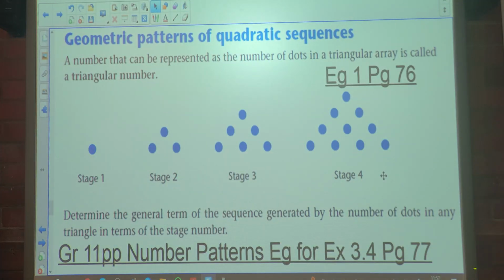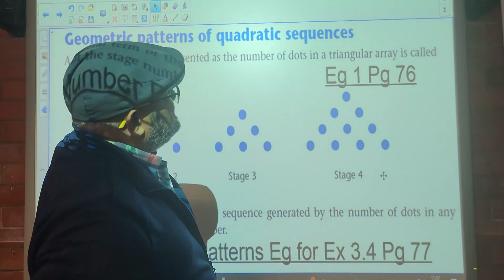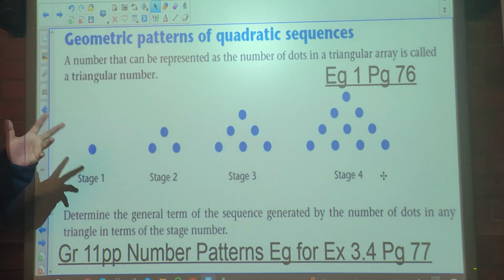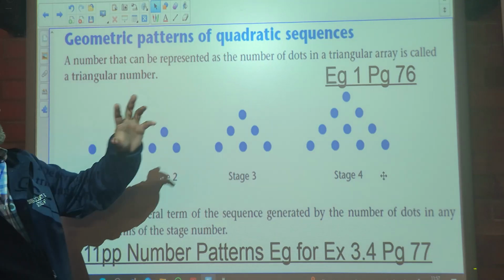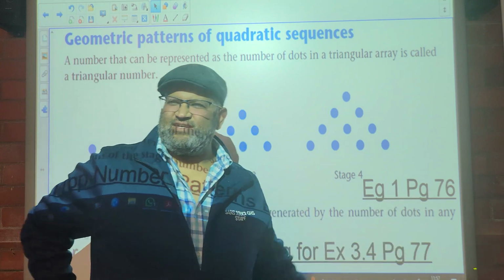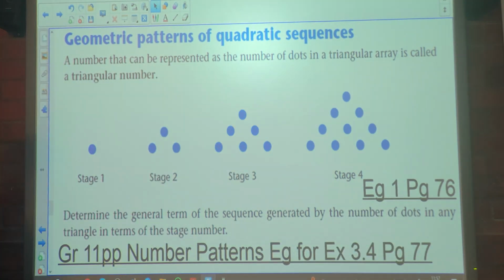A number that can be represented as the number of dots in a triangular array is called a triangular number. You don't really need to know that. However, triangular numbers were exposed to you in grade 10 already. I don't understand how they expect you to have worked out the triangular numbers, because in grade 11 we actually follow the formula we are given here, which is a quadratic formula.